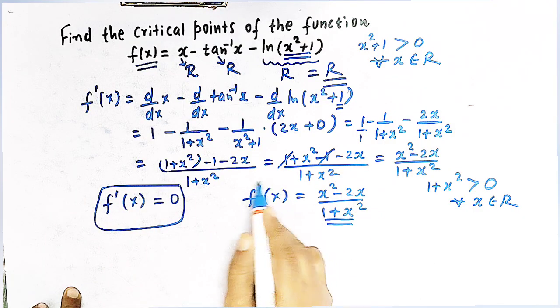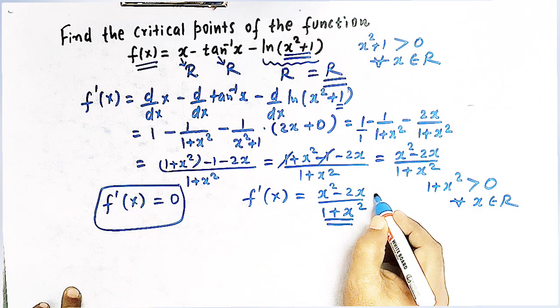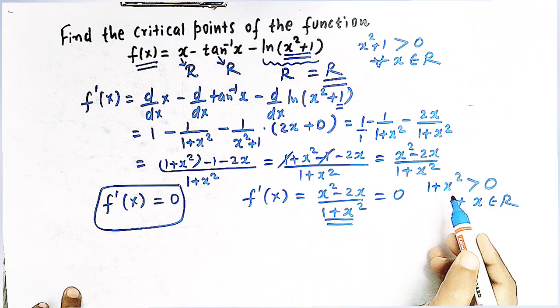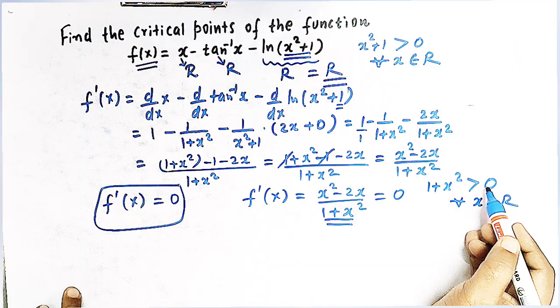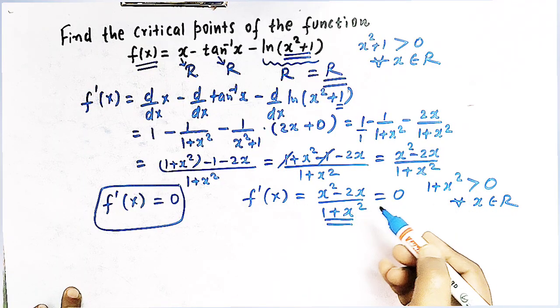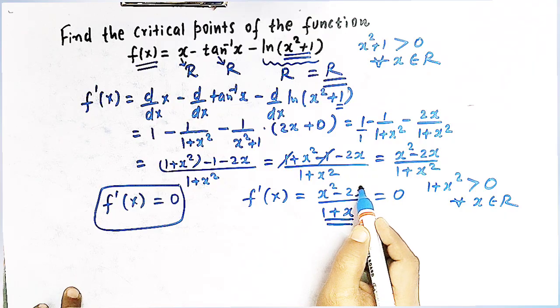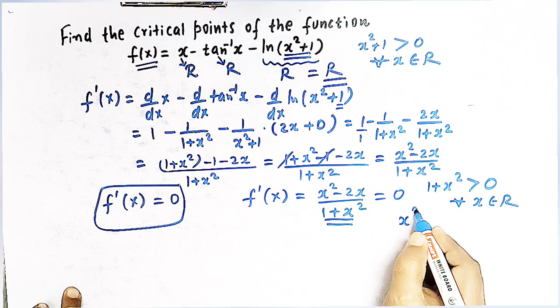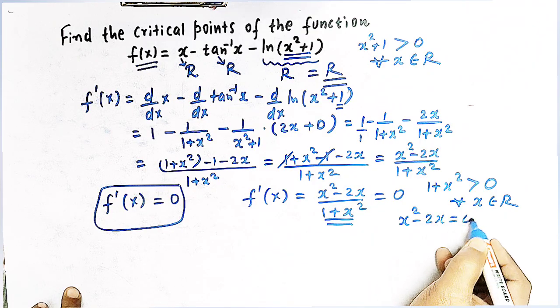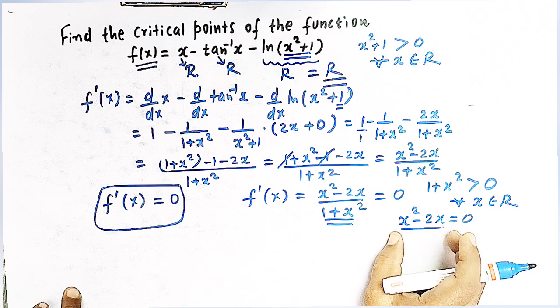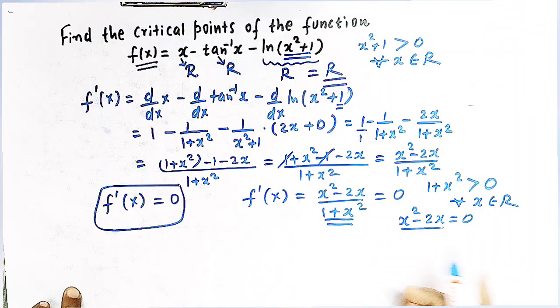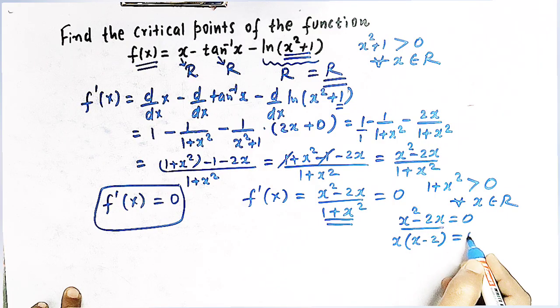So when we equate f prime of x equal to 0, we have seen that 1 plus x square is always positive, right? So for f prime of x to be equal to 0, the numerator must be equal to 0, right? So now here we have a quadratic equation. We can take x common here. So we have x times x minus 2, equal to 0.